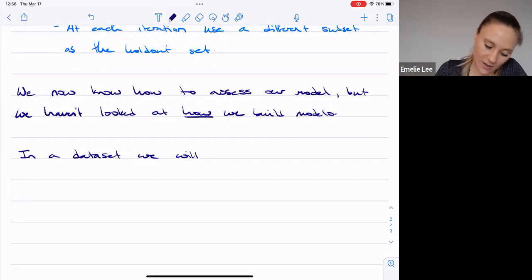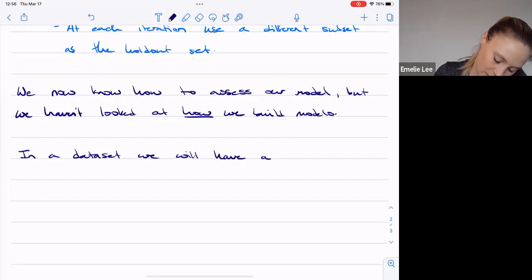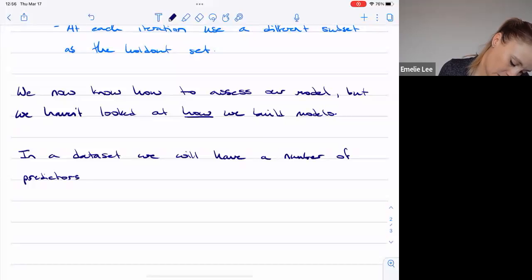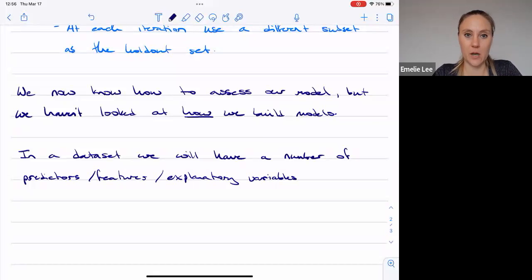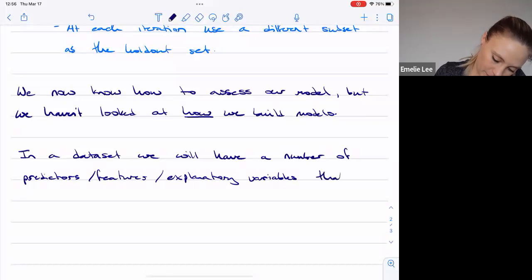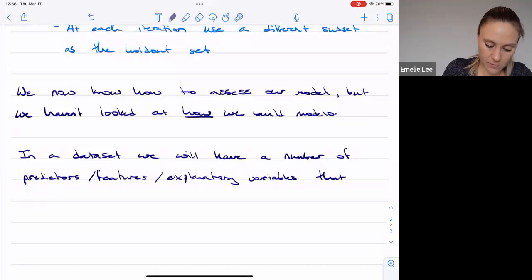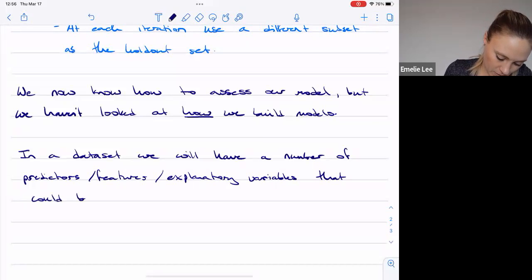So in a data set, we will have a number of predictors, features, or explanatory variables that could be included in our model.